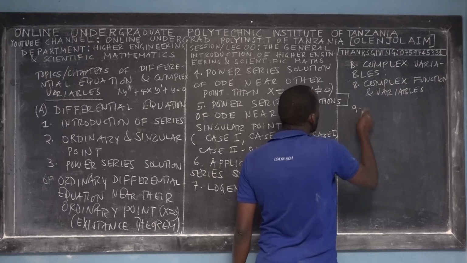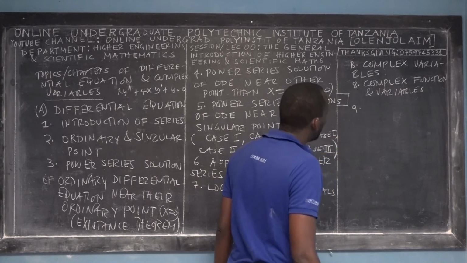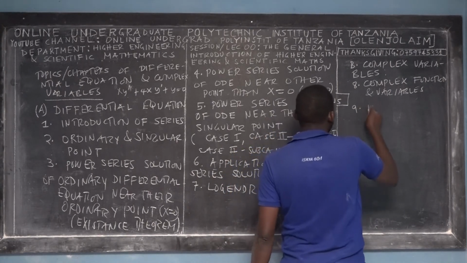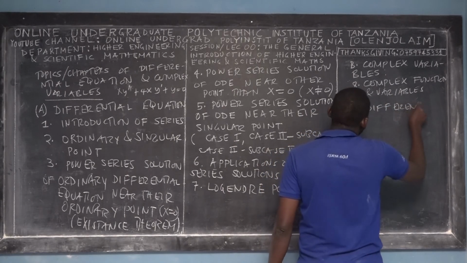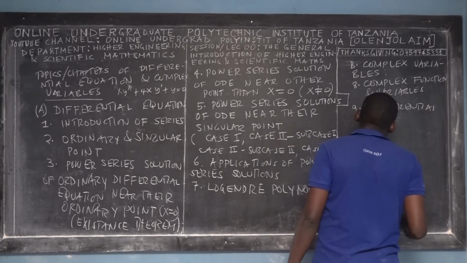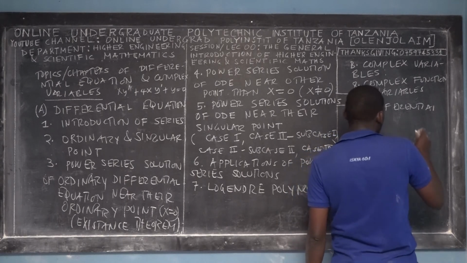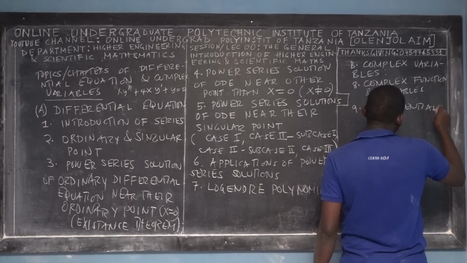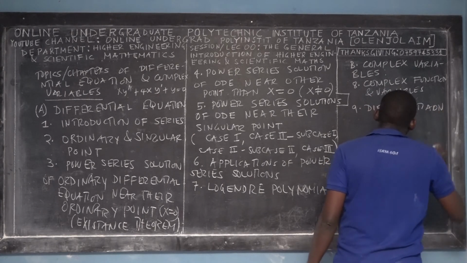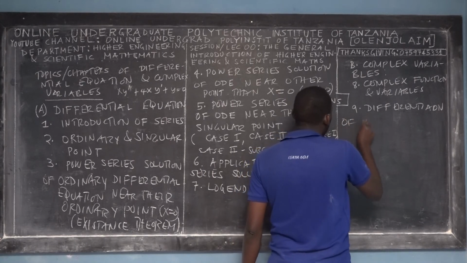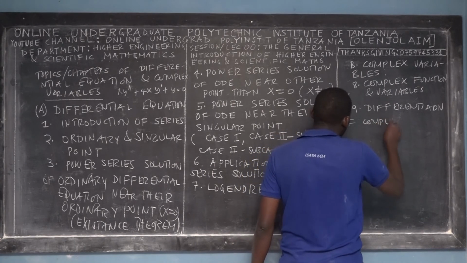Then chapter 9 will teach about differentiation of complex functions, which includes the CR equations, which we call the Cauchy-Riemann equations.